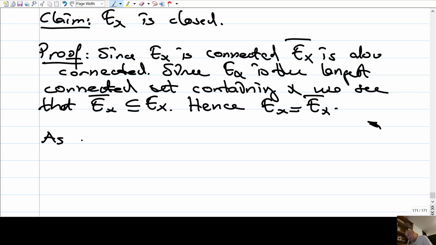As a summary, we have the following theorem. If you have any questions, just let me know, okay?